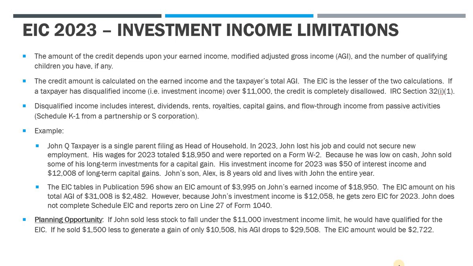If you otherwise would qualify for the EIC, but you're going to have some large capital gains or other investment income during the year, maybe don't sell as much stock, or if you have capital losses, realize those losses and offset the gains. Try to do what you can to get your investment income under the $11,000 figure, and that'll make sure that you're eligible for the EIC.